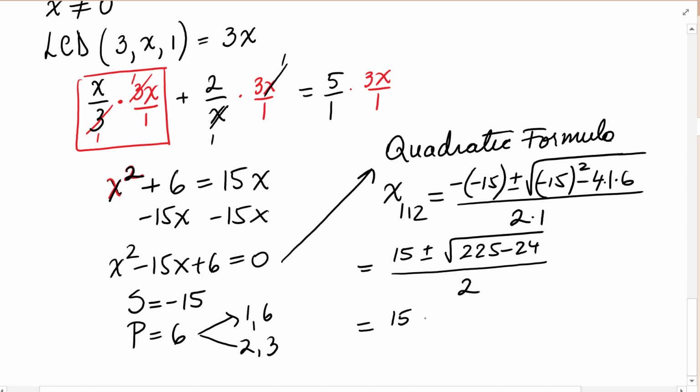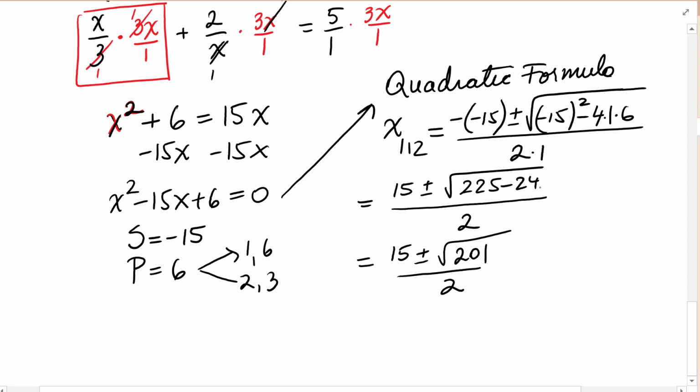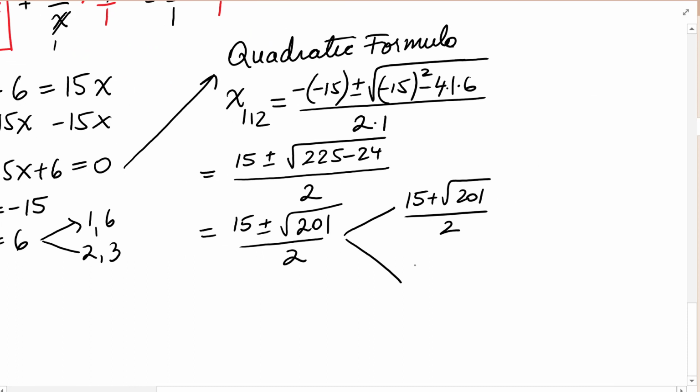So it's 15 plus minus square root of 201 over 2. Or in other words, 15 plus square root of 201 over 2, and let's see if we can simplify even more, minus square root of 201 over 2.